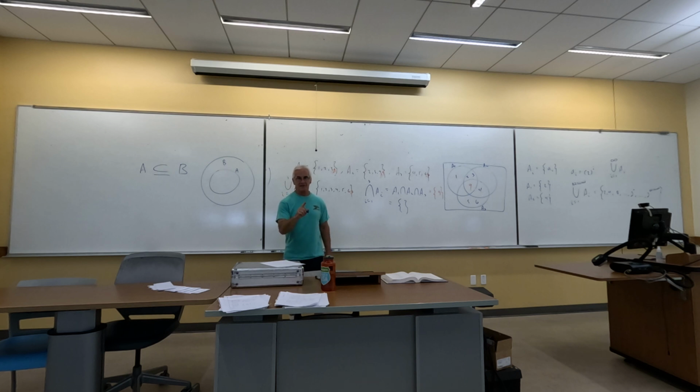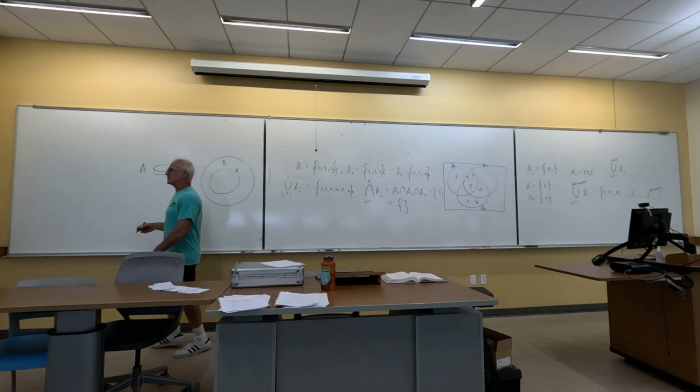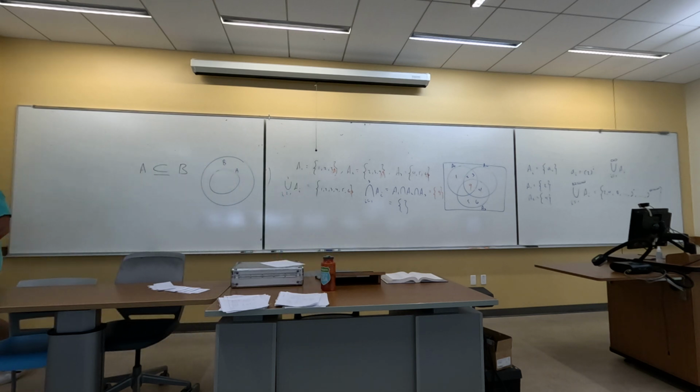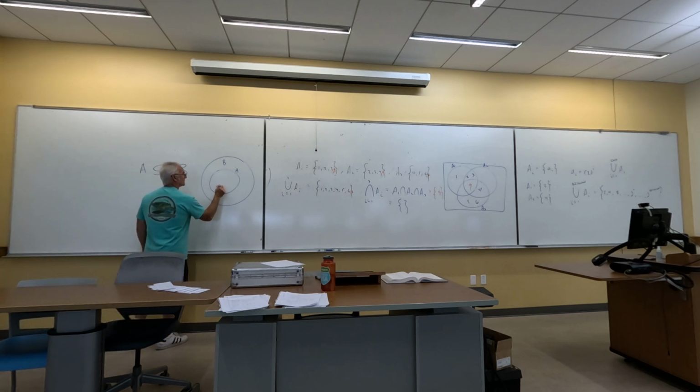Now, these are sets, so sets have elements. Let's assume for now that the empty set is definitely the exception. That's something completely unrelated to most of what we're going to do, because I want to talk about the elements of the sets. So an empty set, yeah, that's kind of the exception. So I have an element, let's call it X.